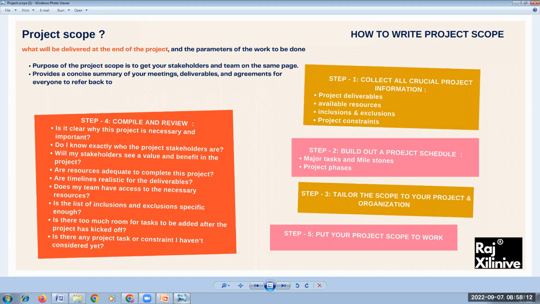Next, we must be knowing about the timelines. These timelines must be realistic for the deliverable, right? There should be no exaggeration. Timelines must be realistic: what is possible, what is not possible? What timelines do we have? How many days, weeks, or months do we have to complete the project?